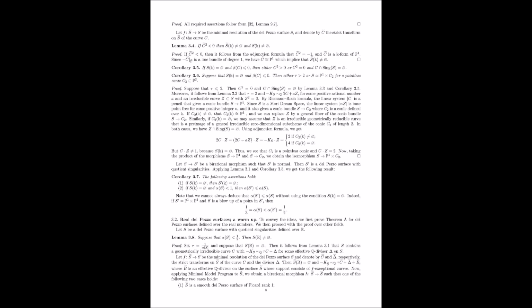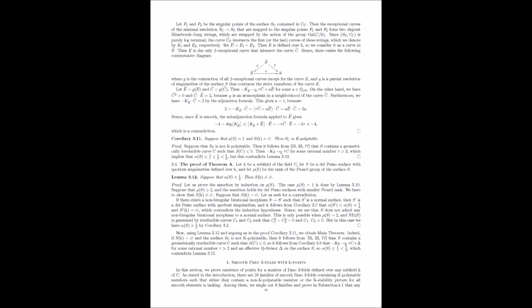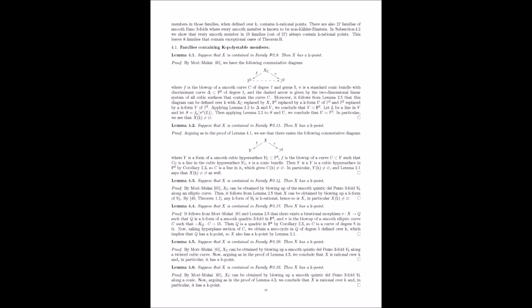But let's zoom out for a sec. How do we even categorize Fano threefolds in general? Okay, so mathematicians have systematically classified Fano threefolds into numbered families based on their geometric properties. So it's like we're organizing them into different species. Exactly. And within these families, there are two key categories that are relevant to our discussion.